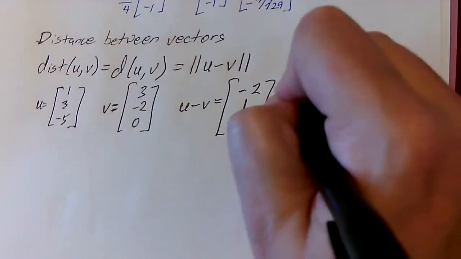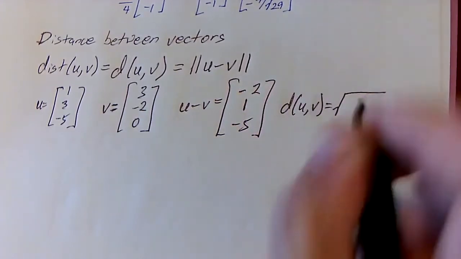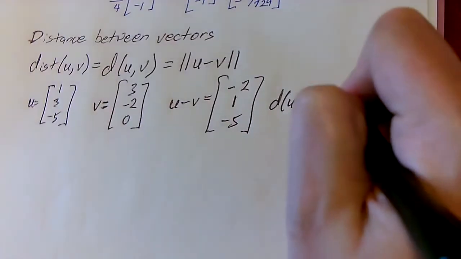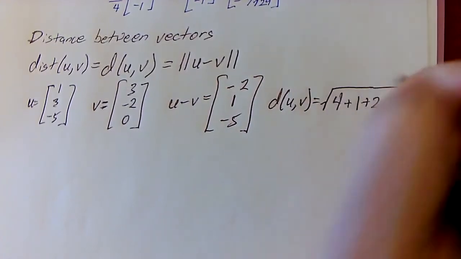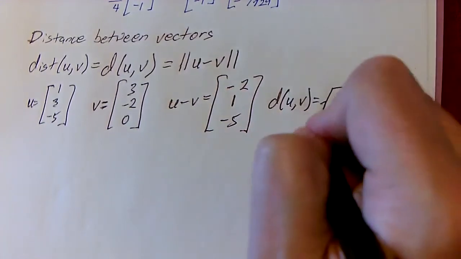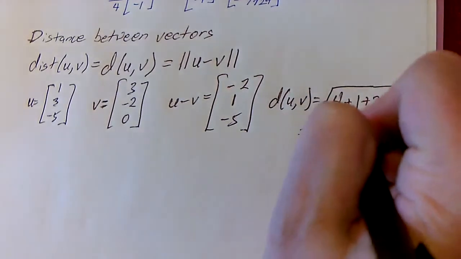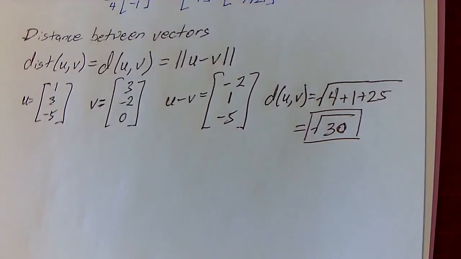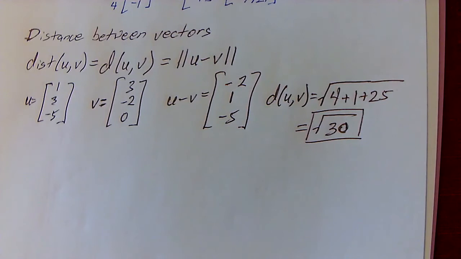So then if I find the distance, I'm just looking for the norm. So that's the square root. 2 squared is 4, 1 squared is 1, and -5 squared is 25. So the distance between the two vectors here is the square root of 30. Square root of 30 then is the distance between those two vectors.